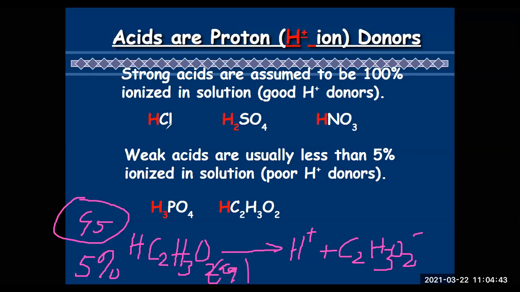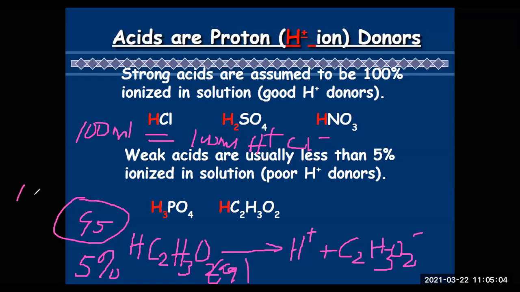Unlike HCl, where everything is broken down into H plus and Cl minus. So it's like if you have 100 ml of HCl ionized, 100 ml of H plus and Cl minus will be produced.